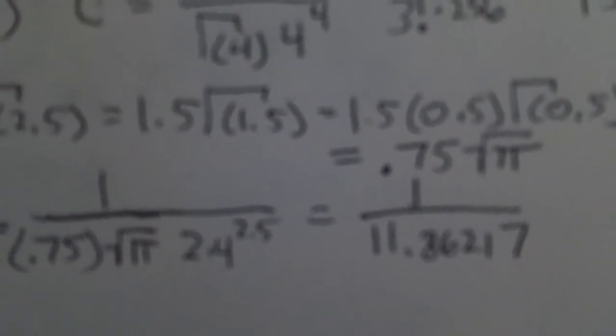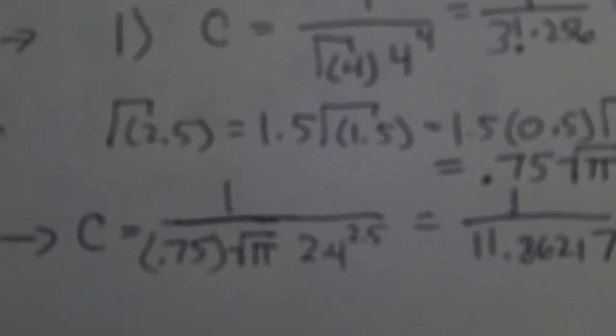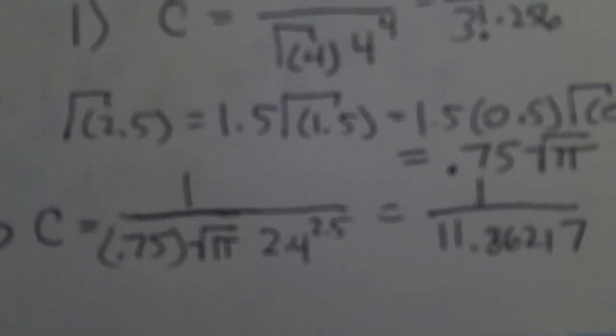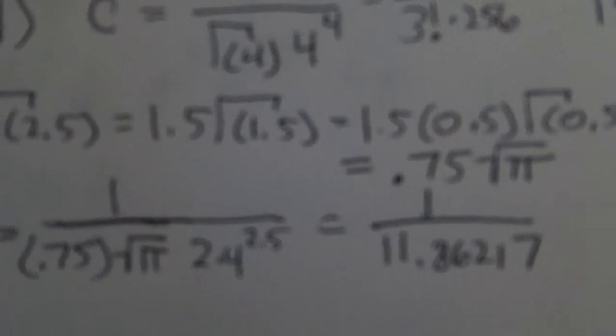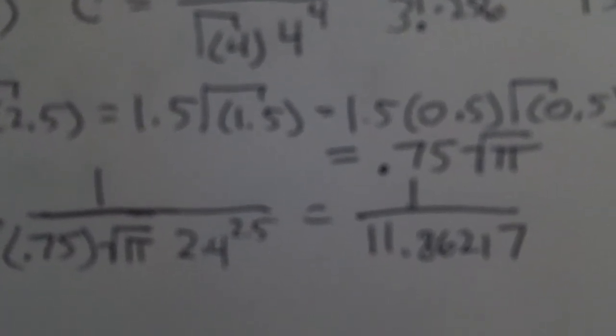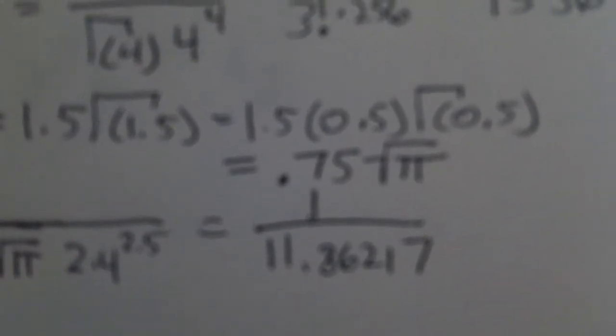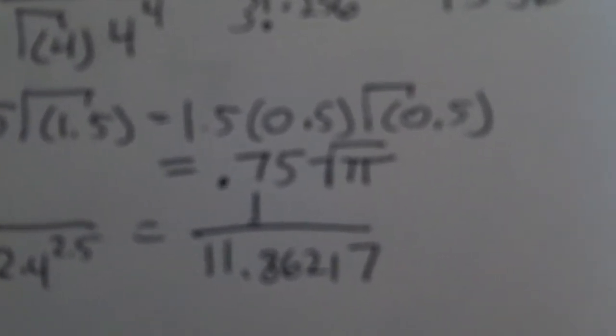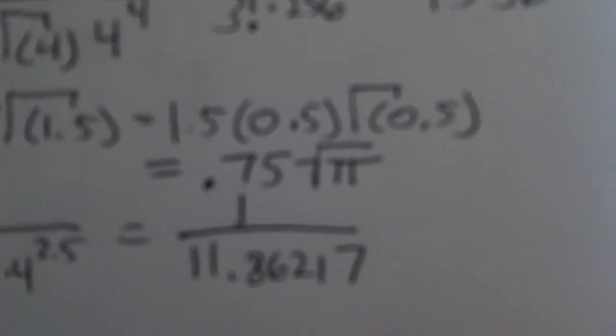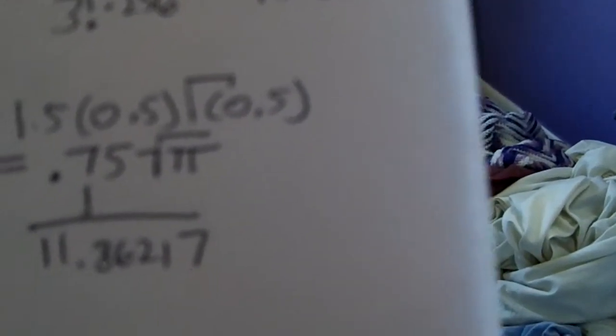So using the recurrence relation, we have gamma of 2.5 is 1.5 times gamma of 1.5. We then need to use that again. Gamma of 1.5 is a half times gamma of a half. And remember that gamma of a half is the square root of pi. So if we multiply all of that out, which is right there, you're going to get 1 over slightly more than 11.86.